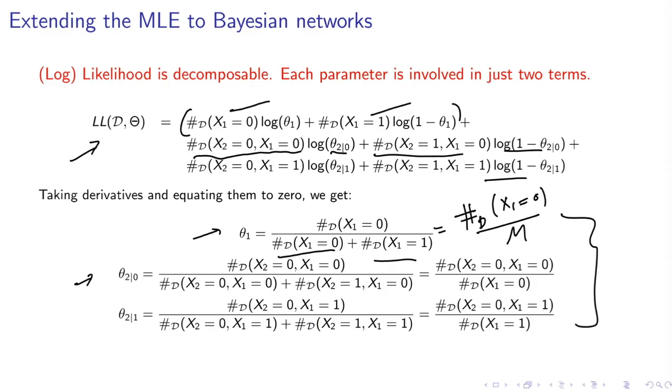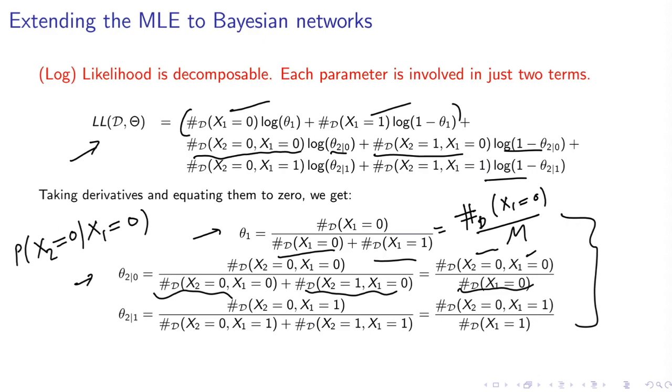Okay, so we get these expressions. Another way of writing this is by saying that theta of 2 given 0 is nothing but the number of data points that have x2 equals 0 and x1 equals 0 divided by the number of data points that have x1 equals 0. So if you recall, theta of 2 given 0 is nothing but the probability of x2 equals 0 given x1 equals 0.